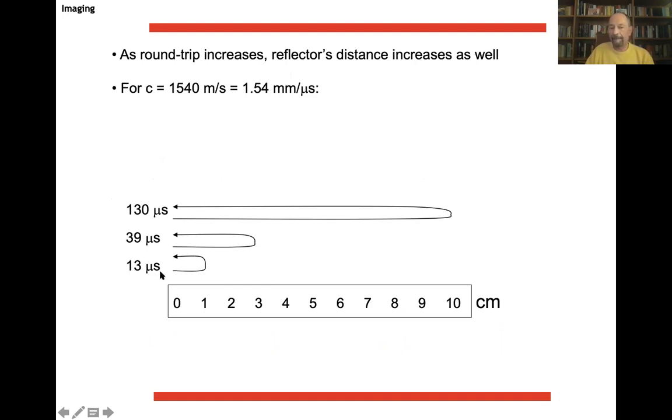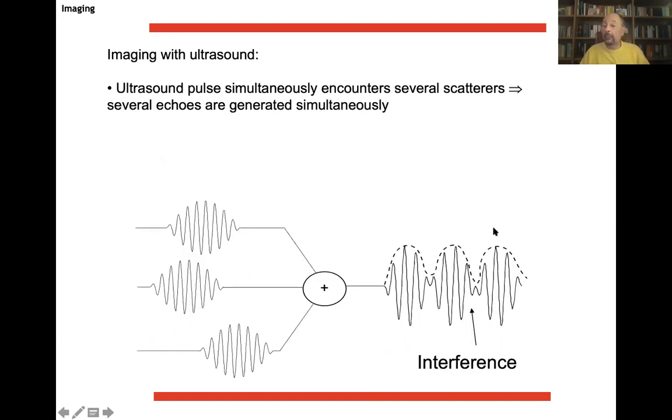You see the example for 130 microseconds, 39 microseconds, 13 microseconds, depending on the depth that you are going to. Then you can do the imaging, because the ultrasound pulse simultaneously encounters several scatterers, so several echoes are generated simultaneously. So you have an interference of the echoes coming from the pulses.